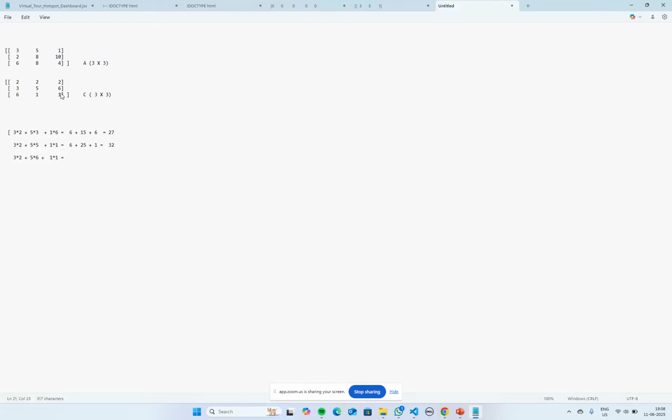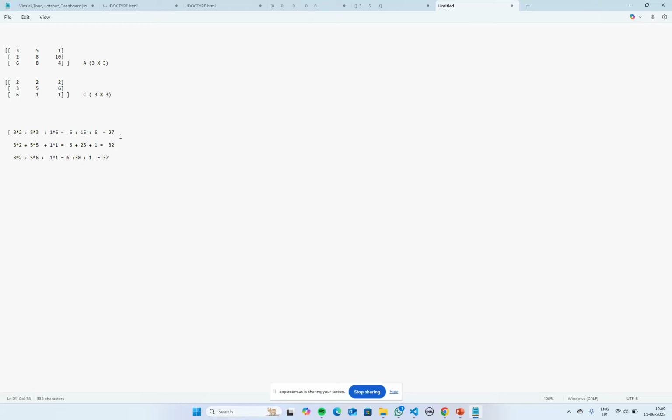Equals 6 plus 30 plus 1, so it will be 37. Then 27, 32, and 37 it became. These are the values we'll keep for now.